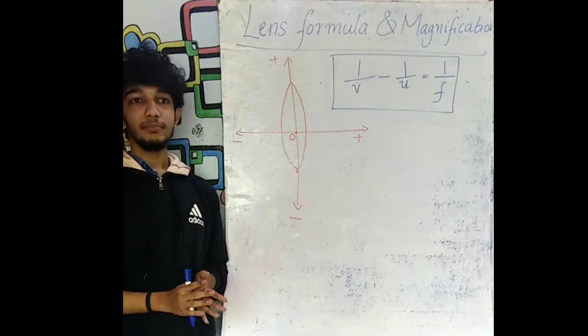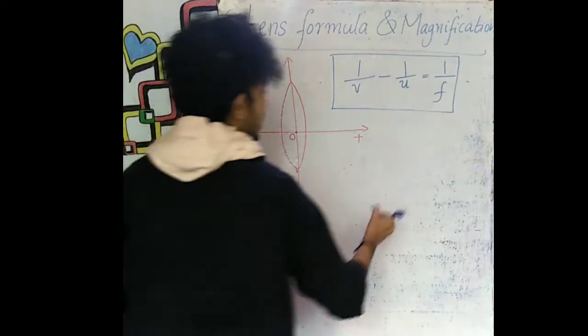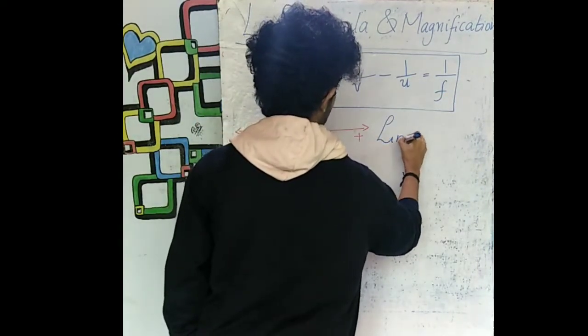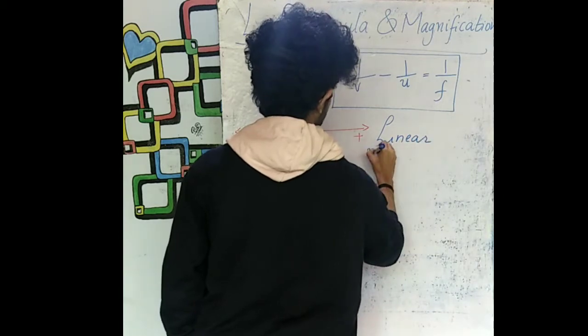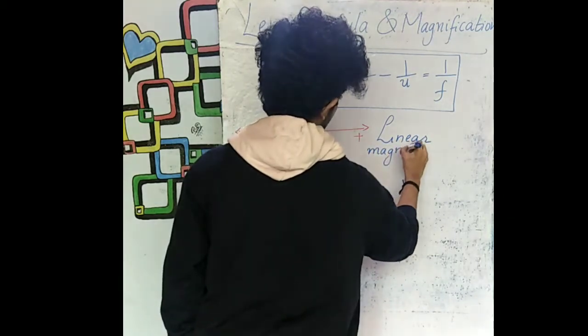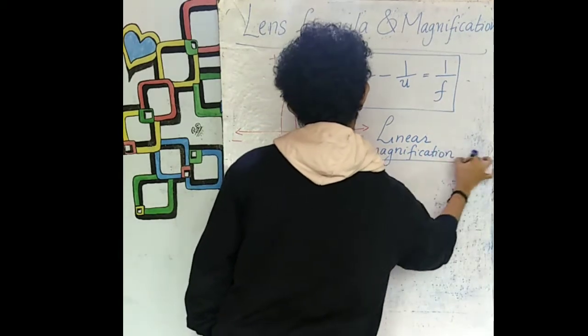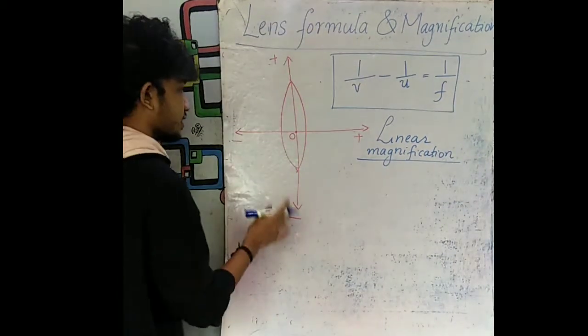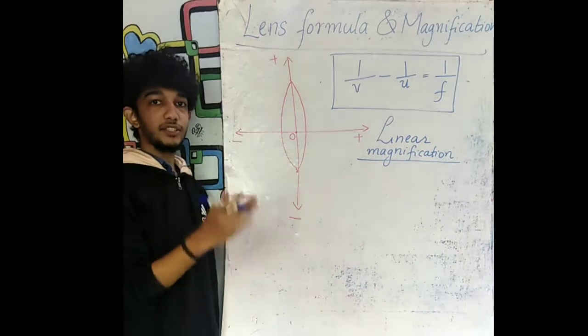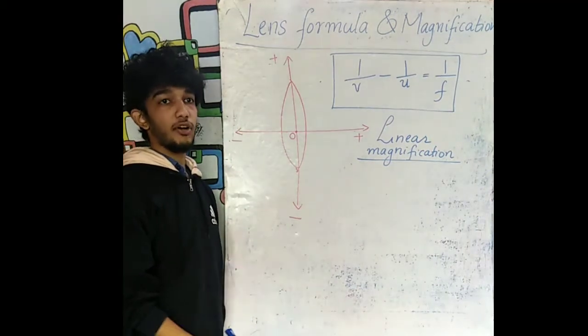And let us see what magnification is. Here we have linear magnification, with the same definition as in the case of a spherical mirror. Magnification is given by the ratio of the height of the image to the height of the object.